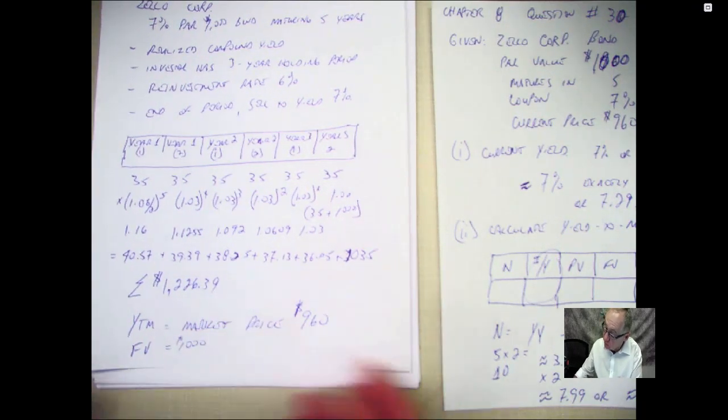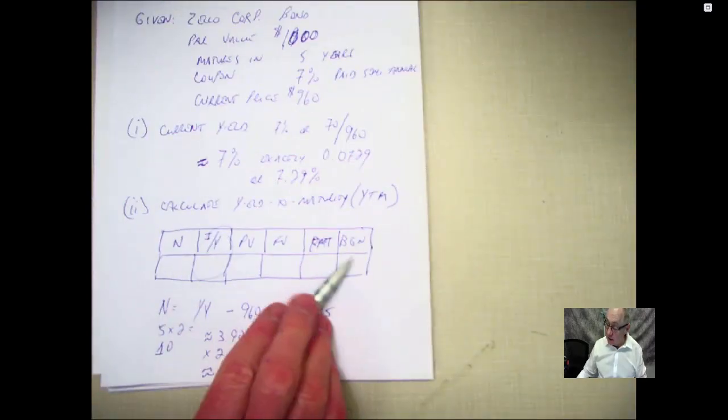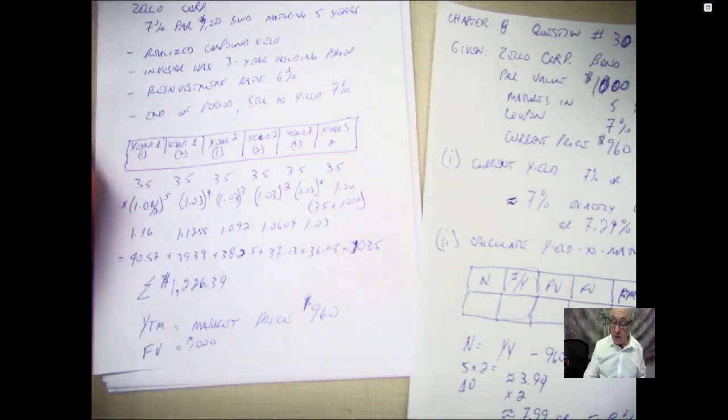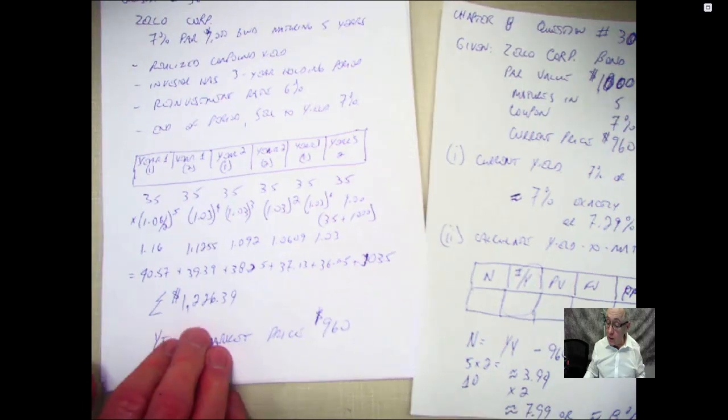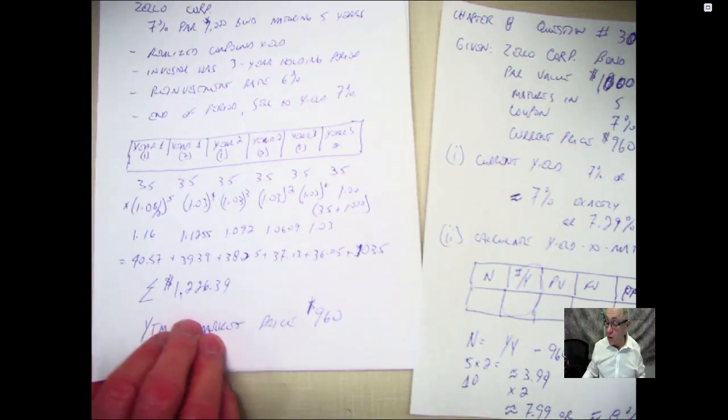But again, that's just back to filling in this and changing our timeline, so we'll leave that for now. It gives us a perspective on holding period returns from question 30, chapter 8.